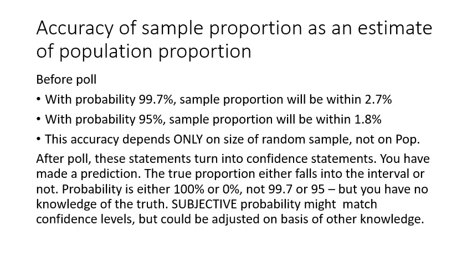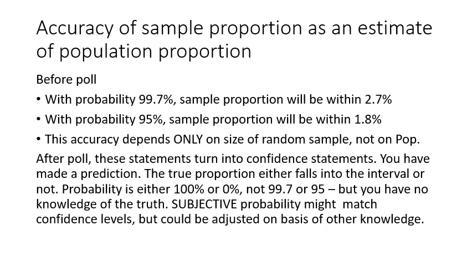So here's the key result: if I take a random sample and I look at the proportion of voters in my random sample, the difference between this proportion, the proportion within the sample, and the true proportion will be within 2.7% with 99.7% probability, with a very high degree of confidence.